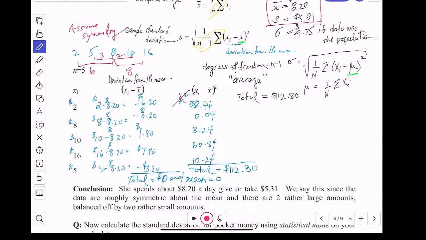And then S must be the square root of the variance. This is called the variance. The variance is the average of the square deviations from the mean. N minus 1 is 4.